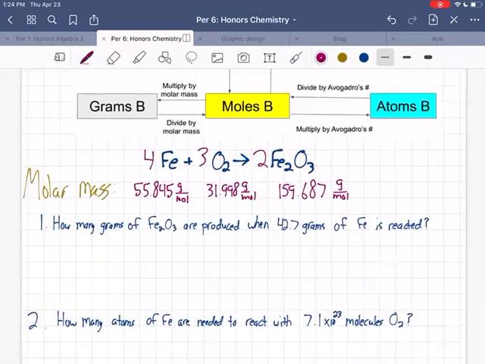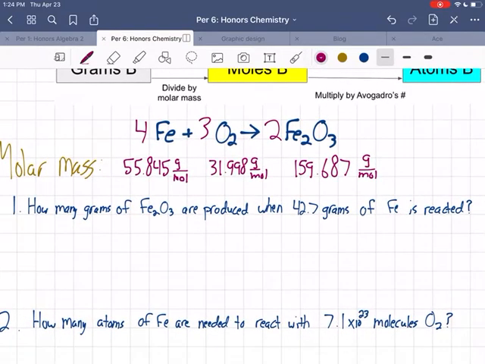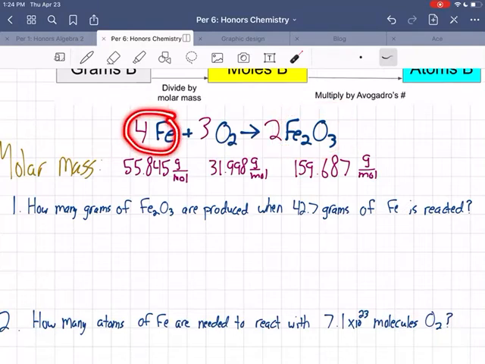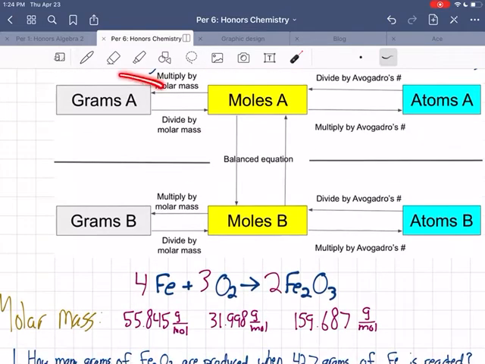First question: how many grams of iron oxide are produced when 42.7 grams of iron is reacted? So we are trying to find this. We're trying to find the grams of that, if we start with the grams of this. Okay, so that means if we have grams of one thing, we first have to find the number of moles in that amount of grams for that substance.